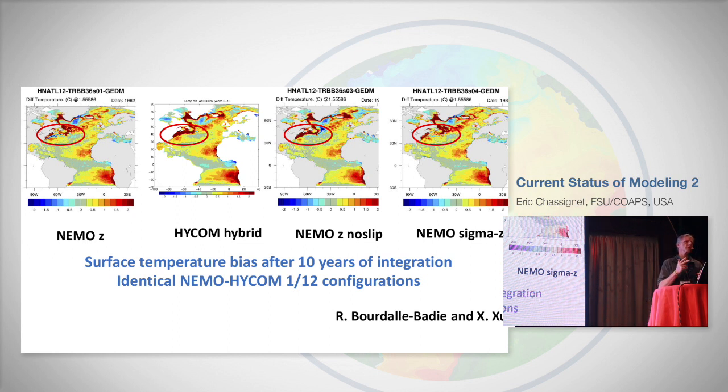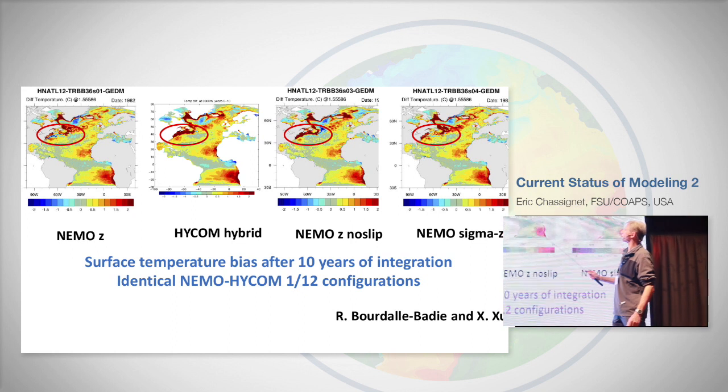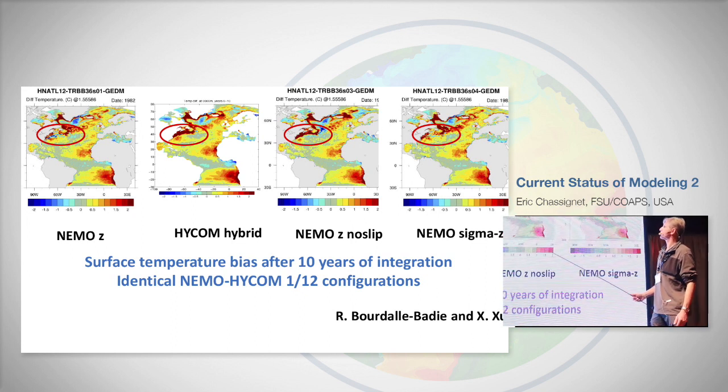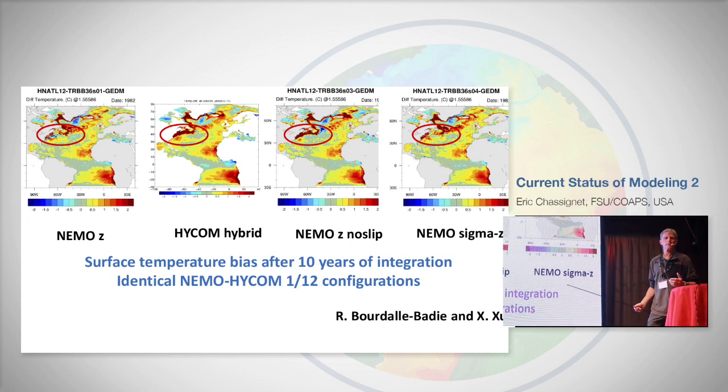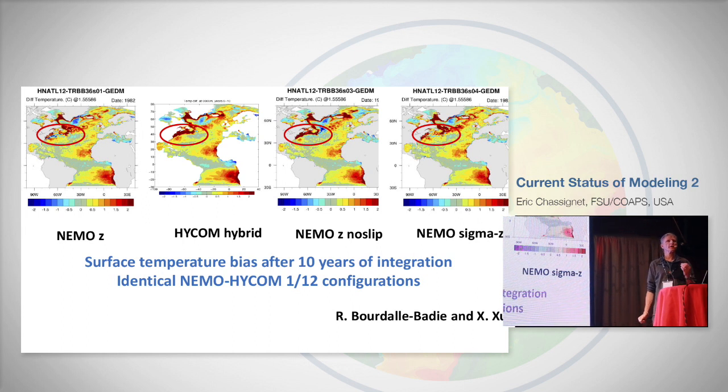So same topography, same forcing, same everything, lateral boundary conditions. So we're trying to have a comparison that allows us to differentiate between the numerics by forgetting about all the other things. What we're looking at is those runs were integrated for 10 years, and we are interested to first order in looking at the drift.